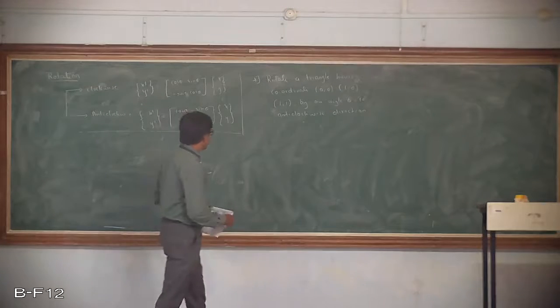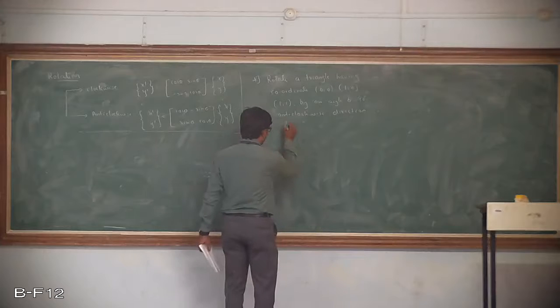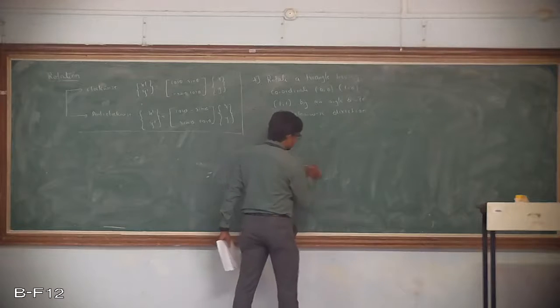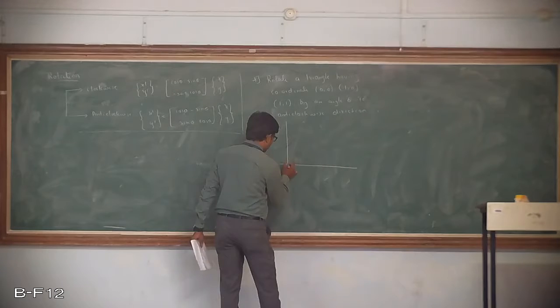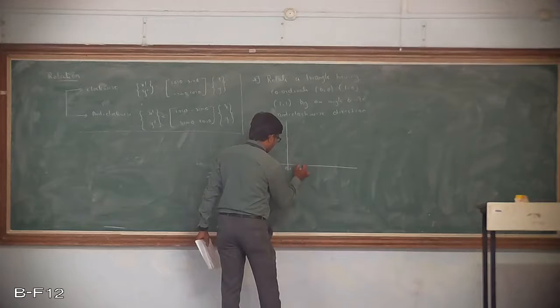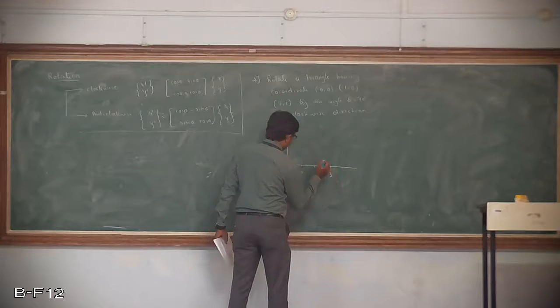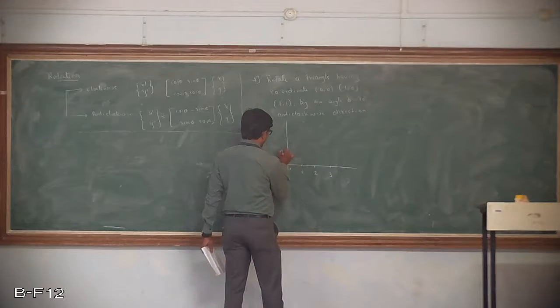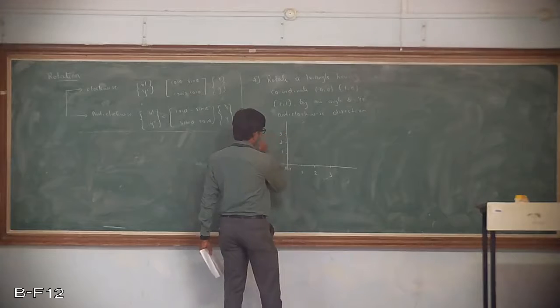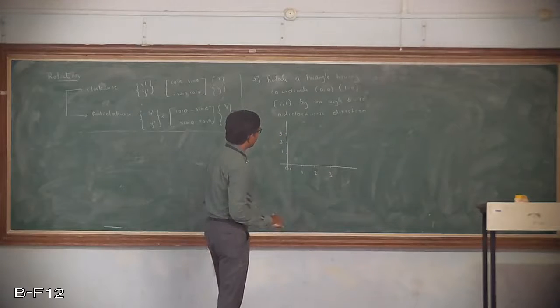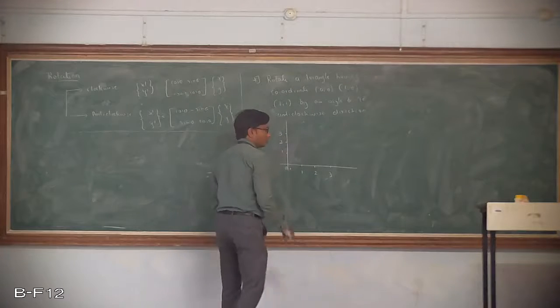So if I try to plot this particular triangle, first we'll plot this. This will be the origin 0, 0, and I'll take this as first, second, third.